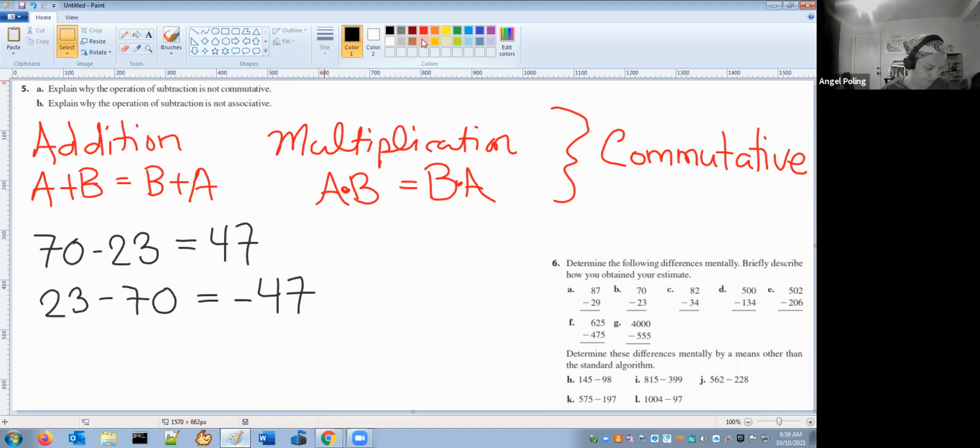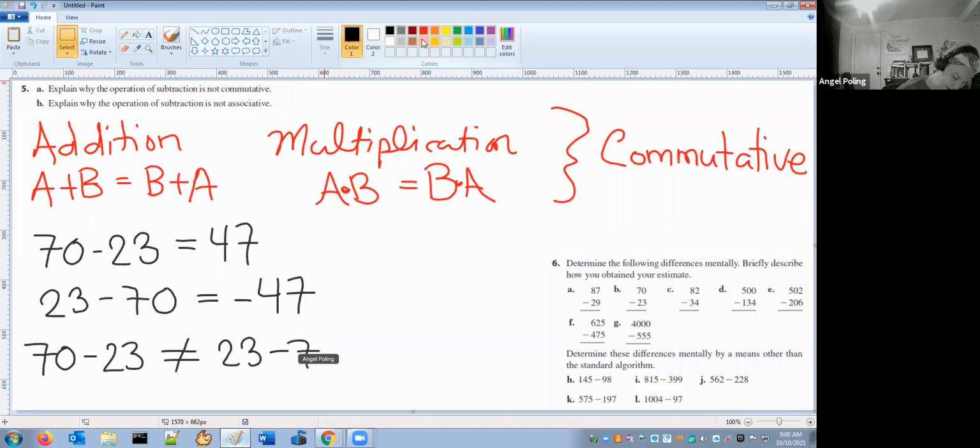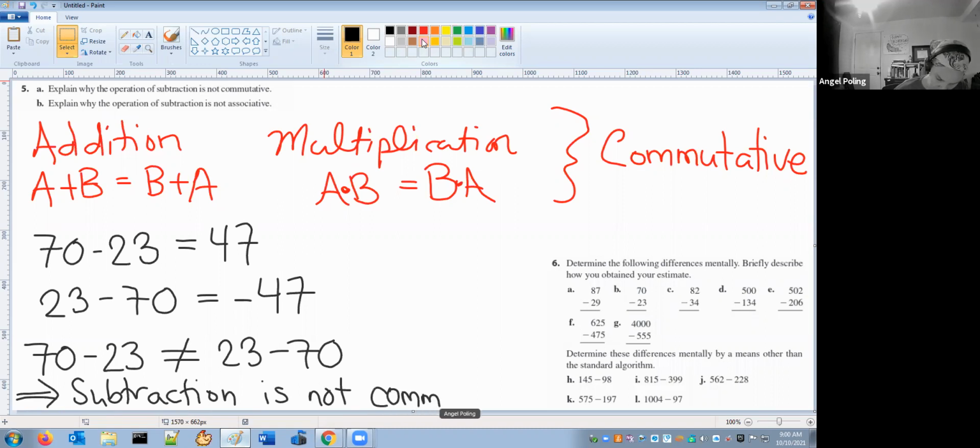So okay, what we have is that 70 minus 23 does not have the same value as 23 minus 70, right? So therefore, subtraction is not commutative, meaning you cannot just move the terms around, leaving the operation where it is.